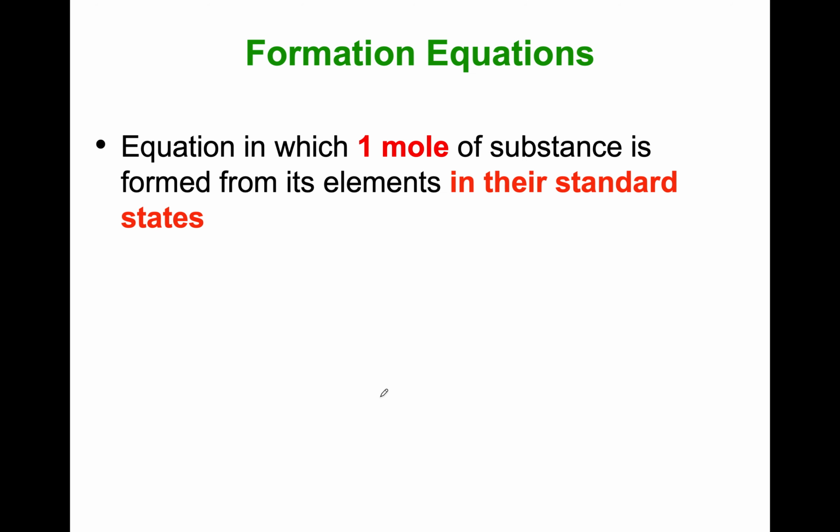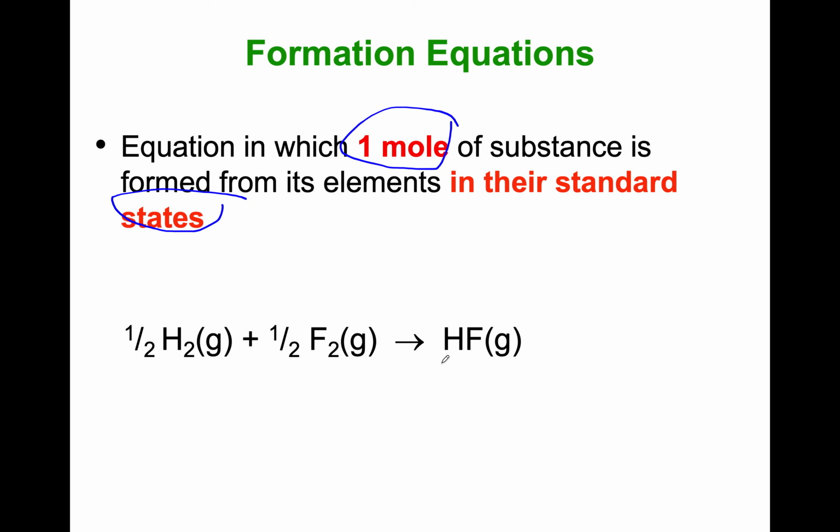All right, so formation equation. Definition: we're forming 1 mole from the elements in their standard states. Okay, so we've already seen this one, HF gas, that's the compound. This is the element, fluorine gas. This is the element, hydrogen gas. And take a look, if we're forming 1 mole of this, that's the definition.